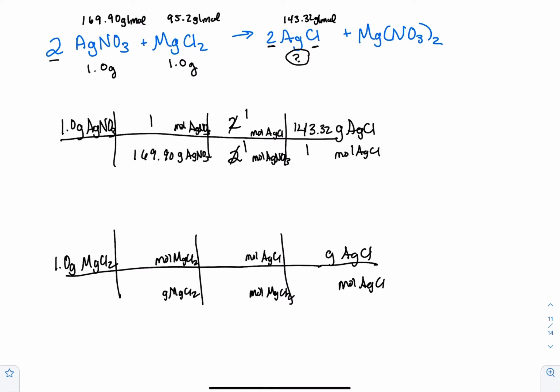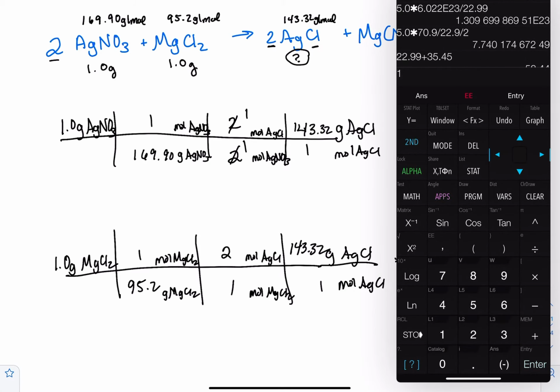And then these numbers were already given, 95.2, and then these are the coefficients. There's a 2 and an understood 1, and then the AgCl is 143.32 grams. All right, now I've got it all set up.